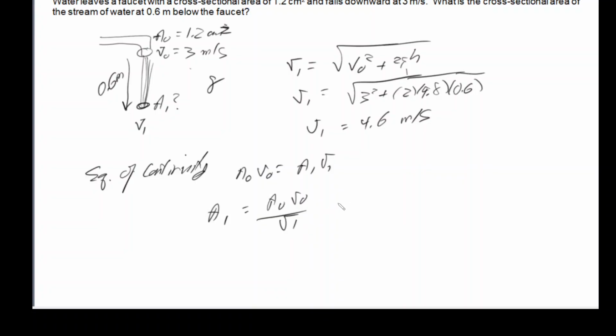And we put those numbers in. So A0 we're given as 1.2, V0 we're given as 3, and we found V1 is 4.6. So A1 equals 0.78 centimeters squared. So as the water falls down and picks up speed, the area reduces to 0.78 centimeters squared.